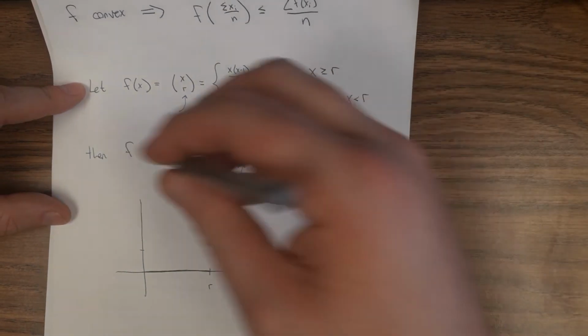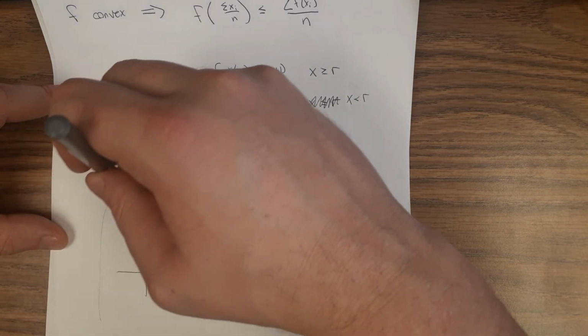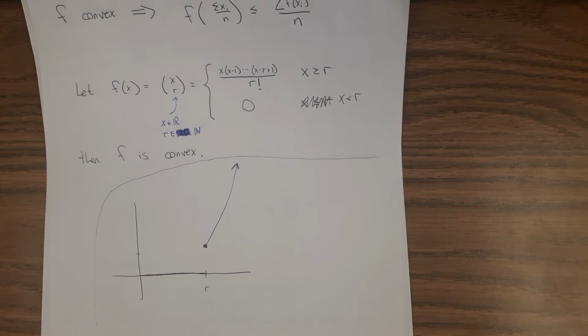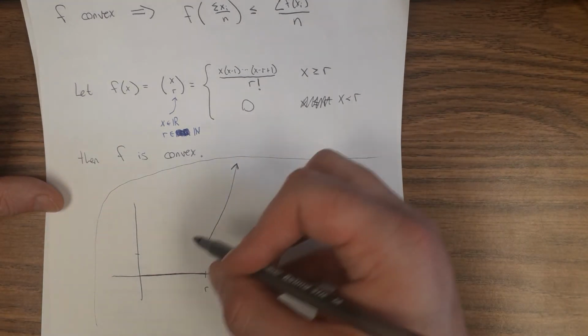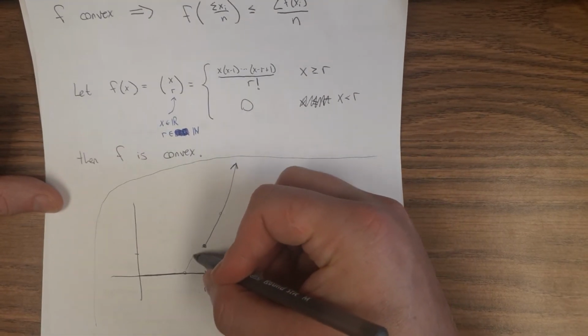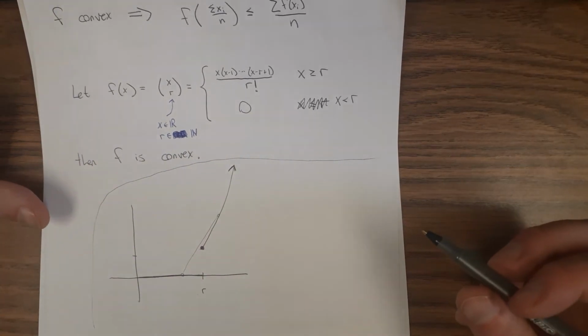And like I said, roughly speaking, you can verify that this is a convex function just because if you draw any secant line, any of these secant lines is going to lie above the curve.